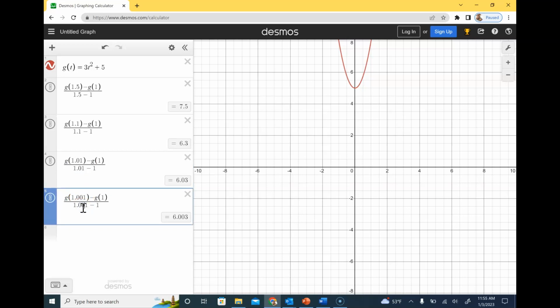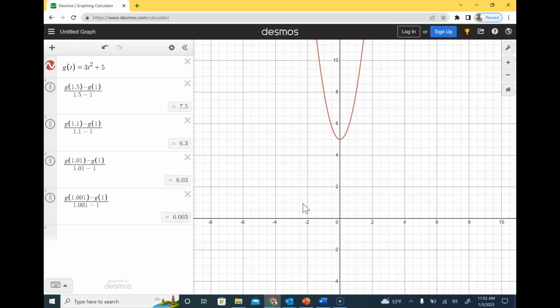And so what we can see is that at the point t equals 1, which is right about there, right over here, we want to estimate the slope of the tangent line at the point 1, 8. And if you were to draw a tangent line at that point, that tangent line is going to have a slope of approximately 6, because notice that these slopes are getting closer and closer to 6.